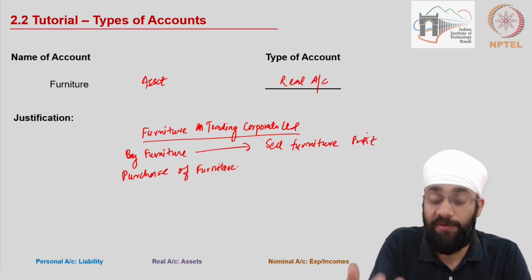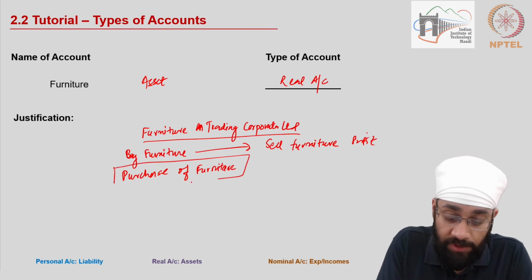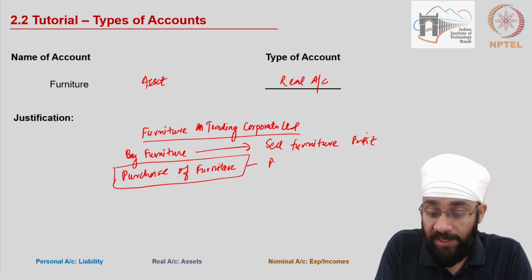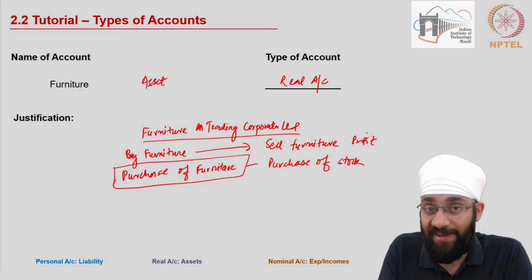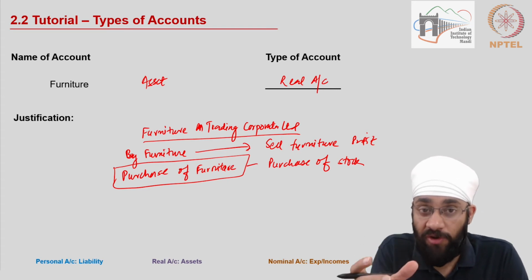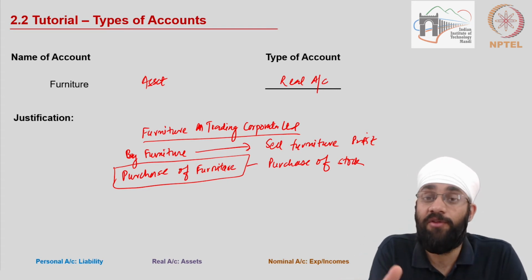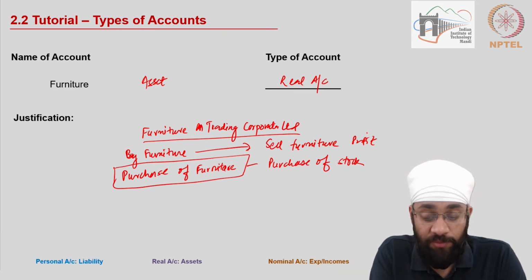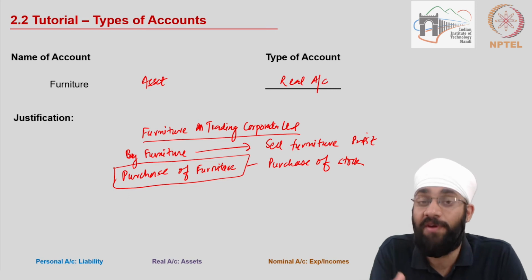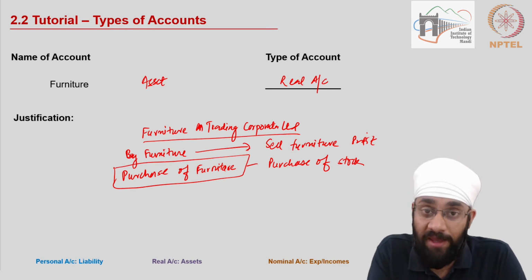When I say treated differently, you're going to think about the purchase of furniture as purchase of stock, because you want to sell it. So whenever we say stock of goods, we are referring to the goods which we want to resell. Now purchase of furniture would be purchase of stock of furniture which we want to resell here.